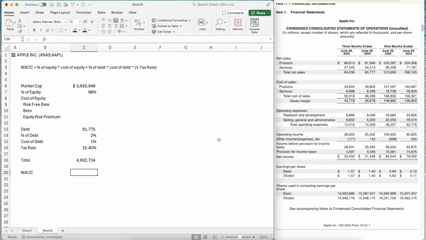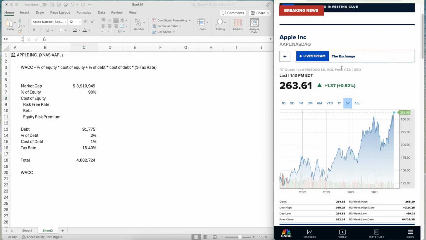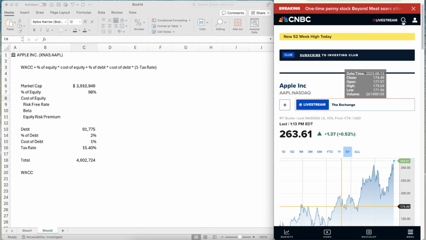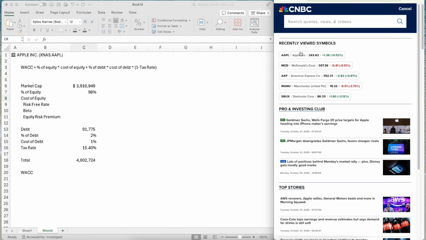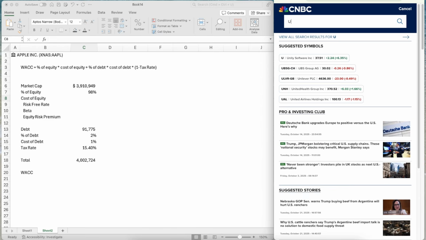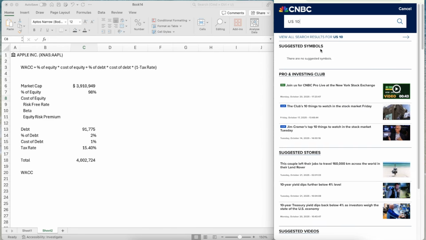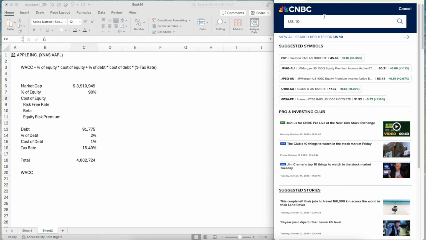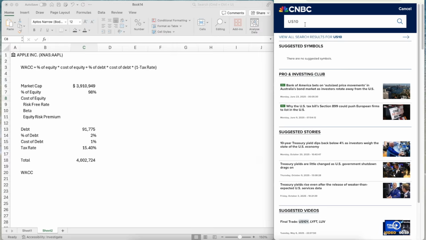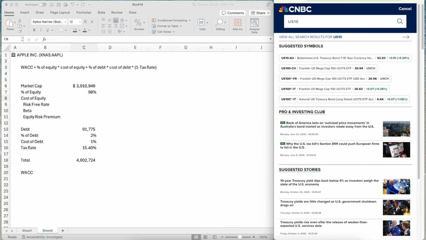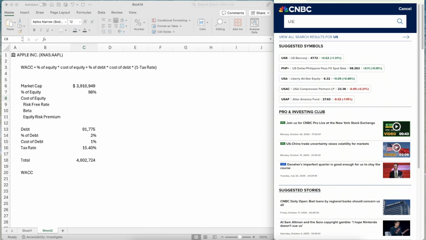I'm not sure. Okay, now let's move on to the cost of equity. The first thing we can look for is the US 10-year. Where is it?